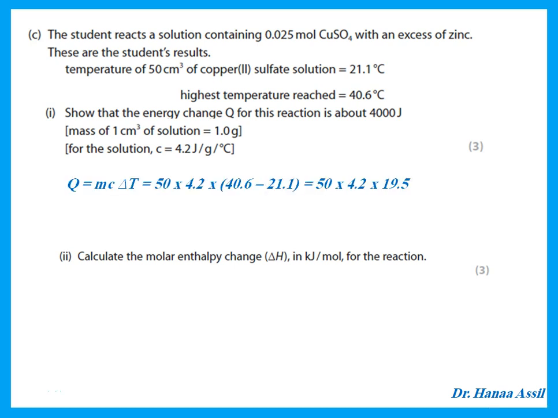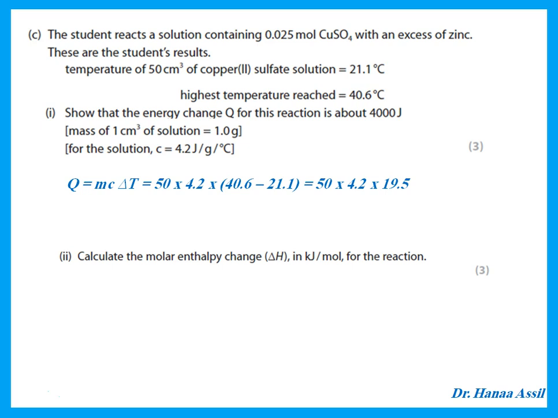What is m? Remember that m is the mass of the solution, and remember that the volume of a solution is the same as its mass, because water actually has a density of 1, and we are assuming that the solution has the same density. So 1 centimeter cubed of solution would be 1 gram mass.